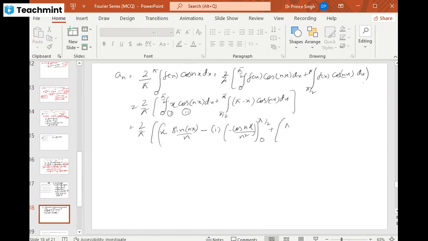And here first function, integral of second sin nx upon n, derivative of pi minus x, integral of sin is minus cos nx upon n square, with the interval pi by 2 to pi. So substituting the upper limit, pi by 2 into n sine of n pi by 2, minus minus plus.